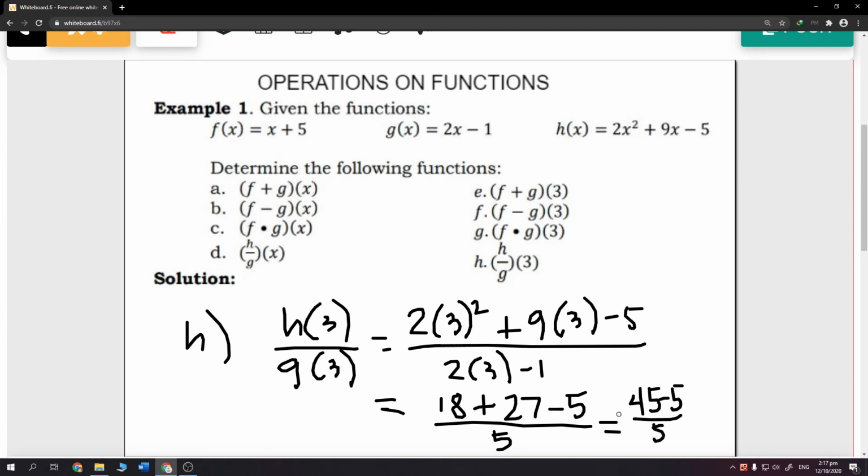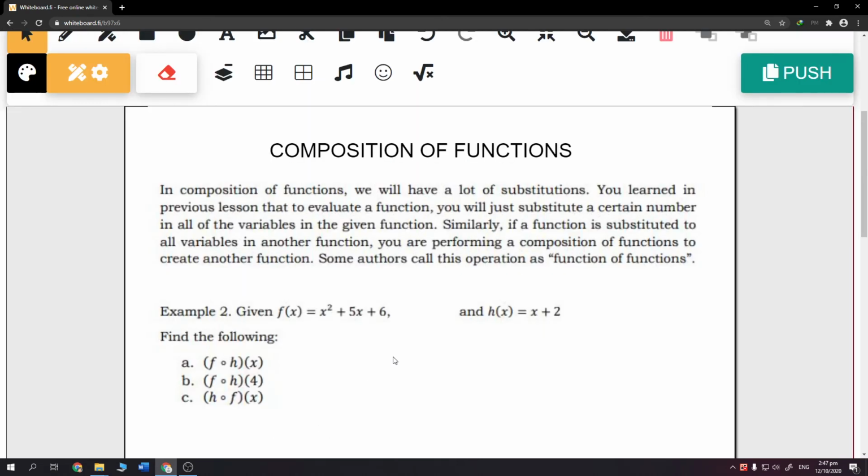What is 45 minus 5? We have 40 over 5. 40 divided by 5 is 8. So that is our answer in letter H. The answer is 8.